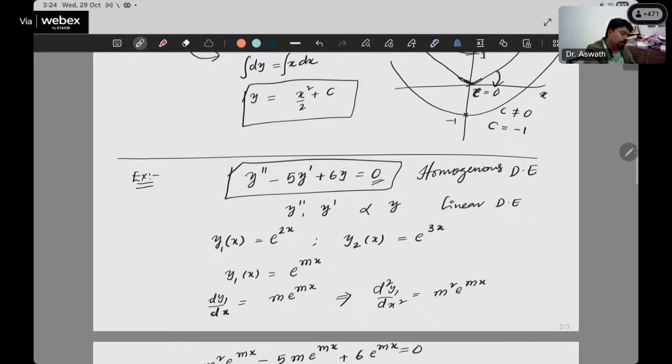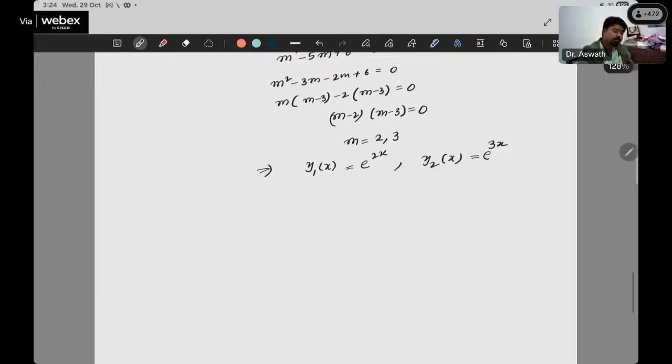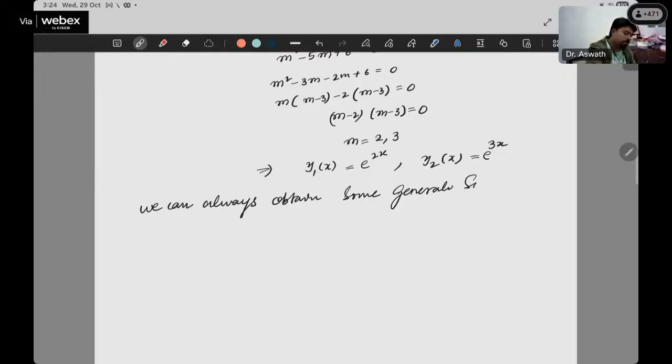In that case, the beauty of the differential equation is I can get some general form. We can always obtain some general solution from known solutions.